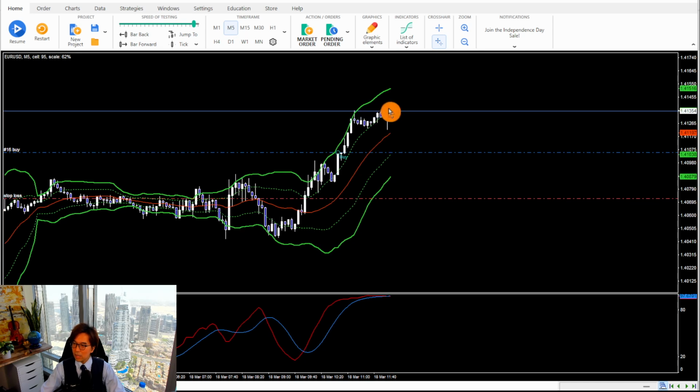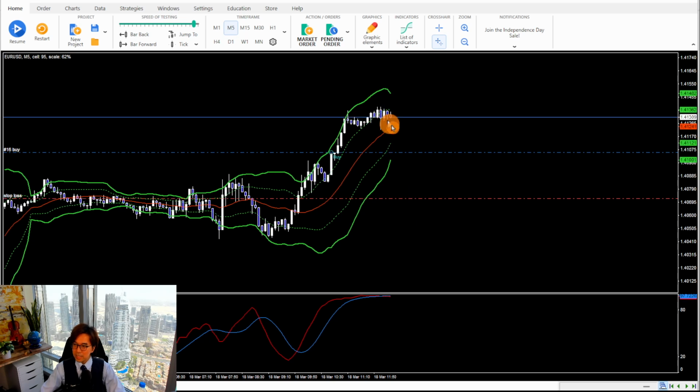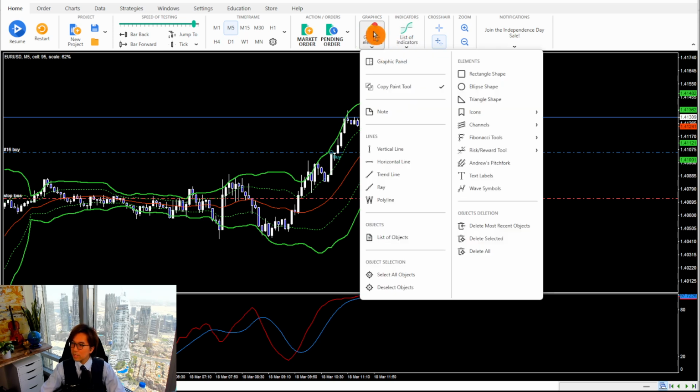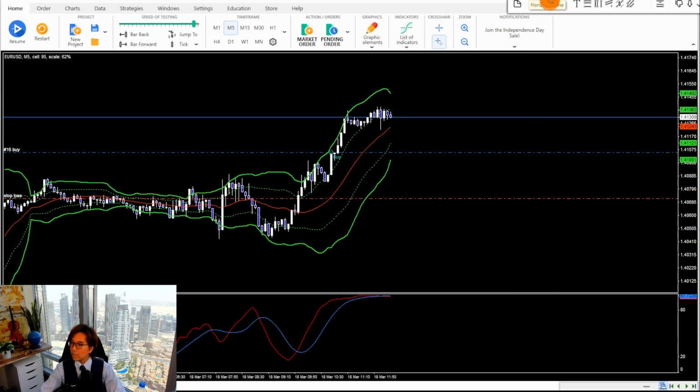Okay, there's an outside bar. Outside and inside. So most likely if the market breaks here, hold on, let me get this indicator tool. Oops, sorry, hold on, graphic panel. And if the market breaks here at this resistance, then I move the stop losses to break even, because this is an outside and inside bar.